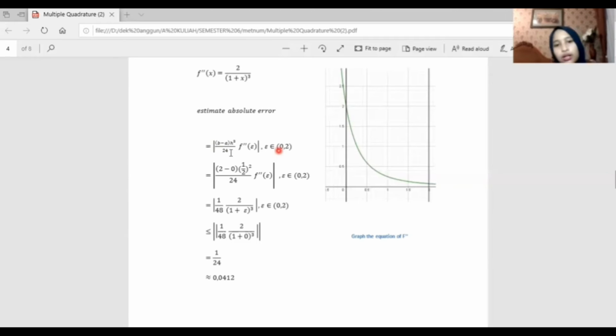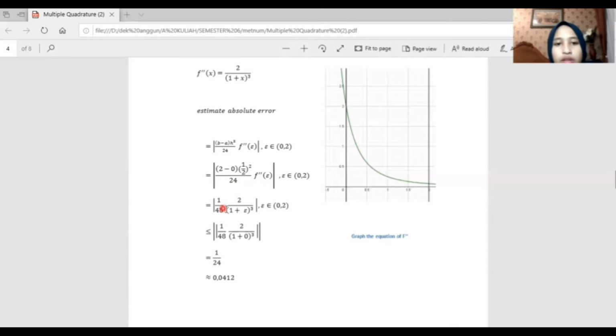So we can input the value of b, a, and h, and also epsilon. b is 2 minus 0, times 1 over 2 squared, over 24, times the second derivative at epsilon.